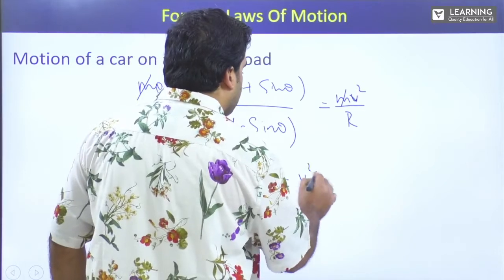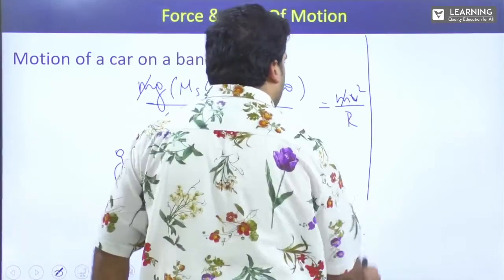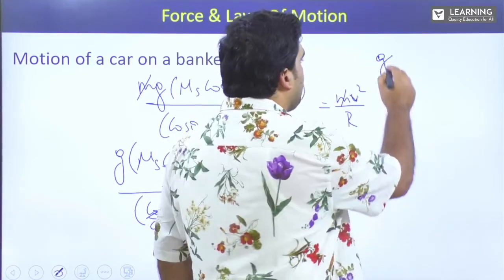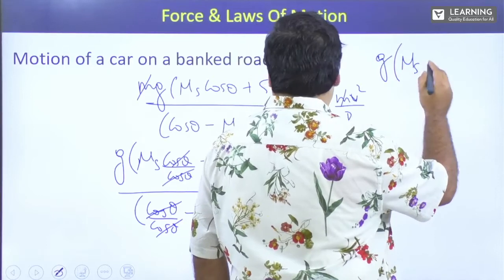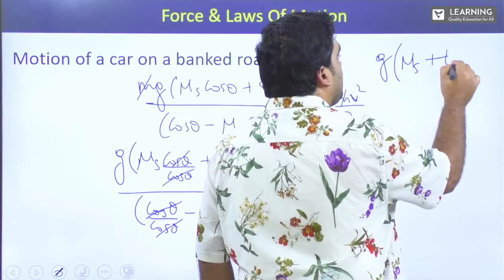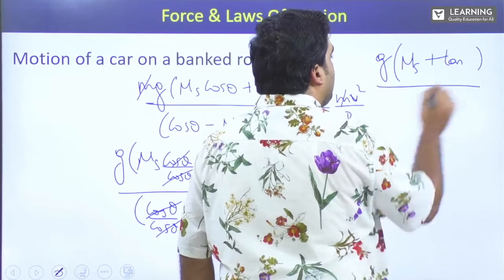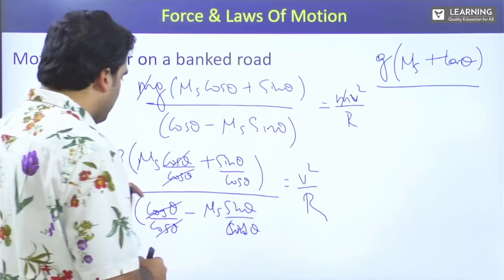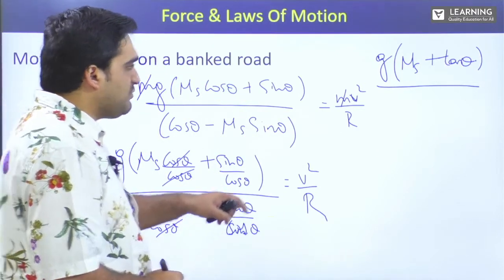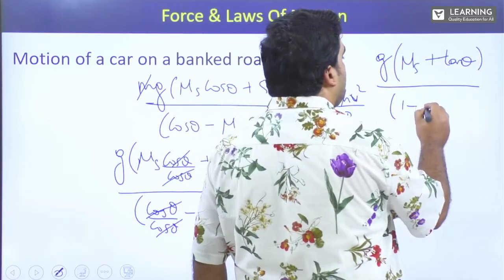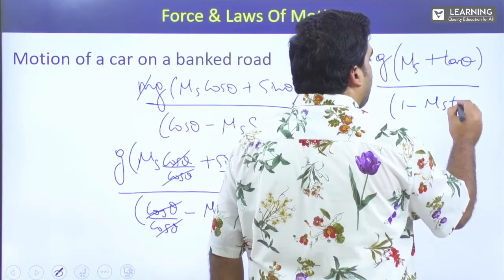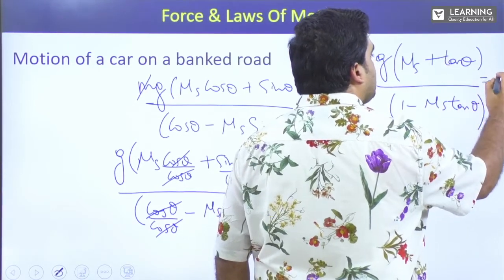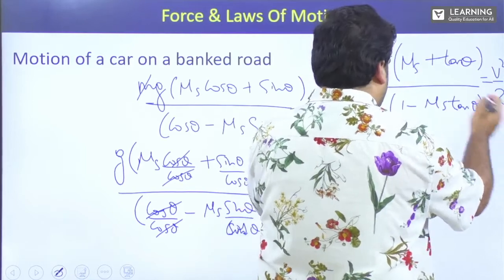So this would be v square by r. On this side, I can write this as g (mu s plus tan theta) divided by (1 minus mu s tan theta), which is equal to v square by r.